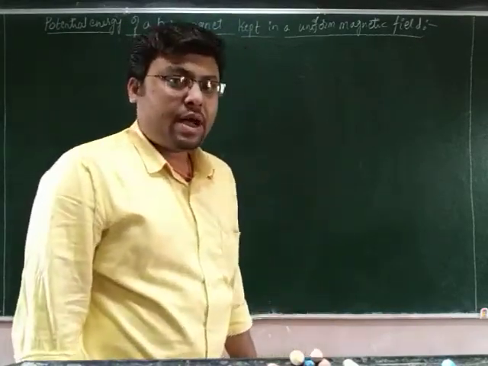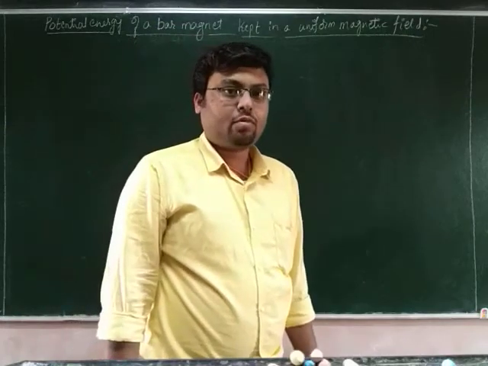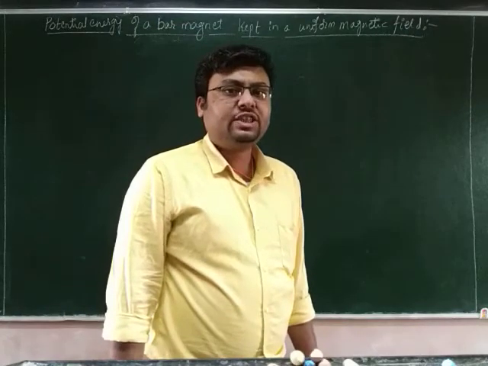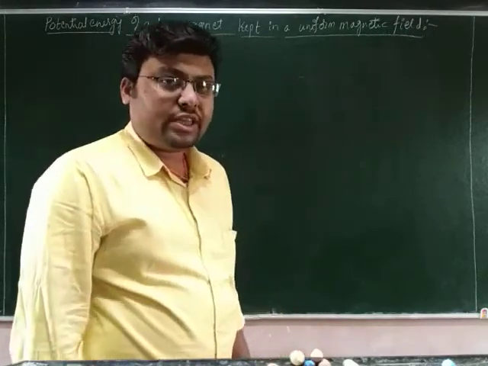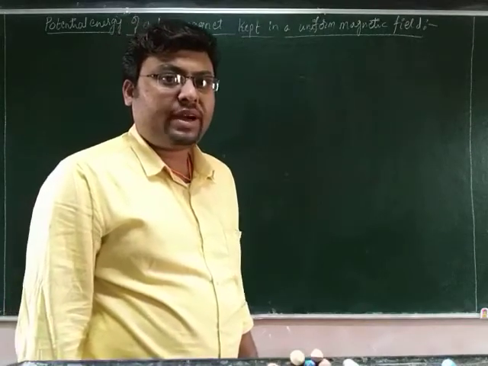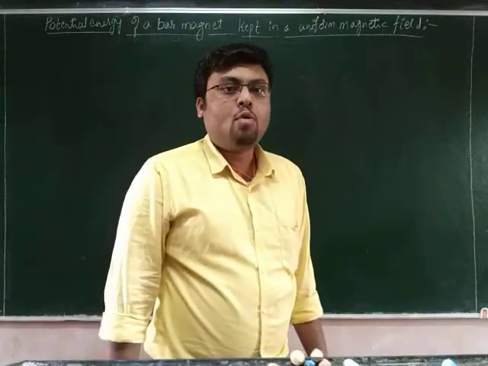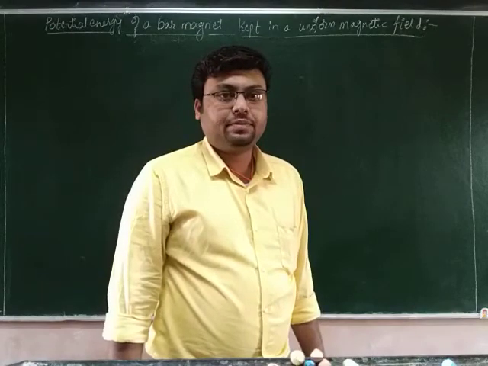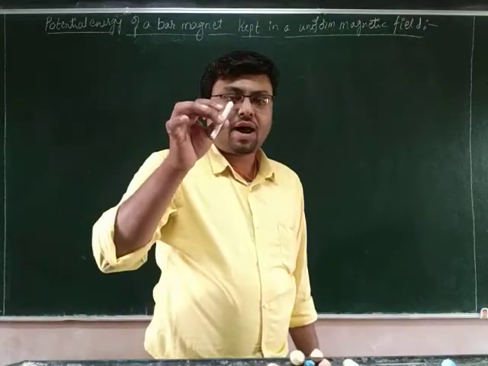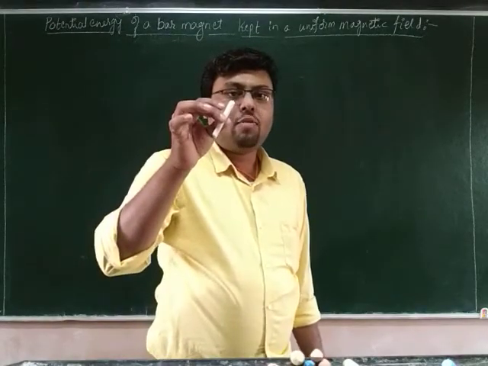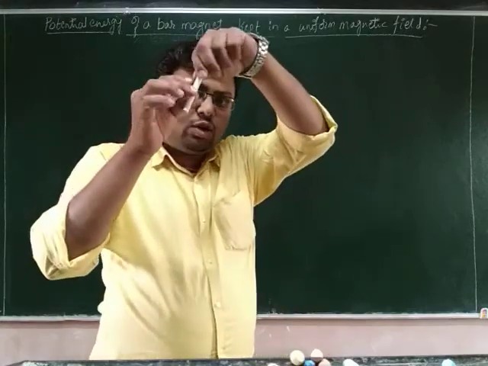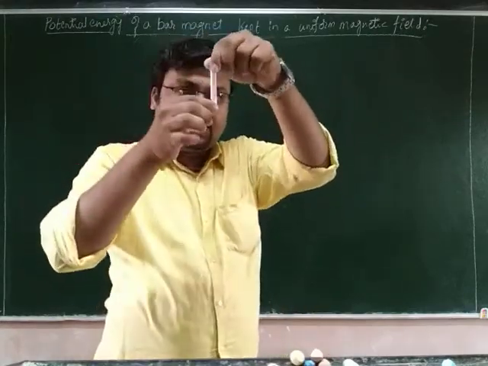During such oscillations there is one more factor involved, that is moment of inertia, right? So whenever we keep a bar magnet in a uniform magnetic field, it will start to oscillate like this.